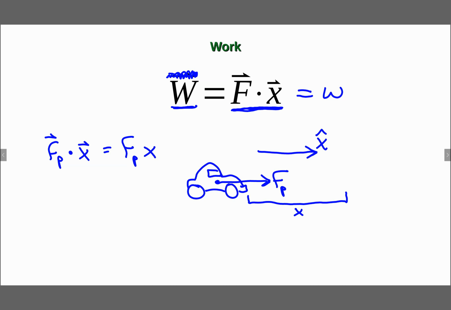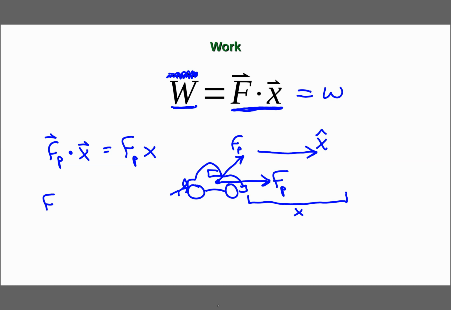But now if I push on the car with a force that's pointed like this, so maybe I'm hunched down back here and I'm pushing the car with my back and I'm kind of pushing up and forward on it. The work that I do isn't just the product of the magnitude of the force and the displacement, because now they're not pointed in the same direction.